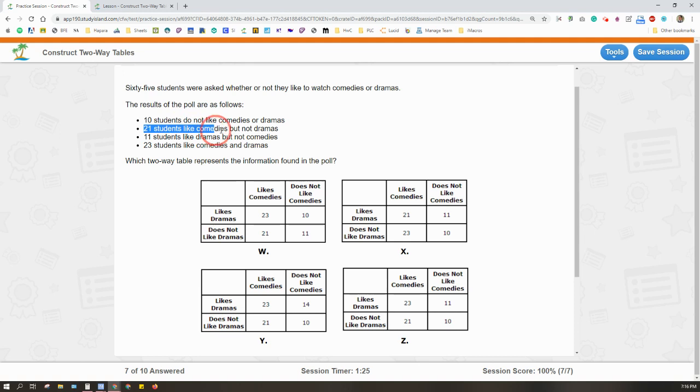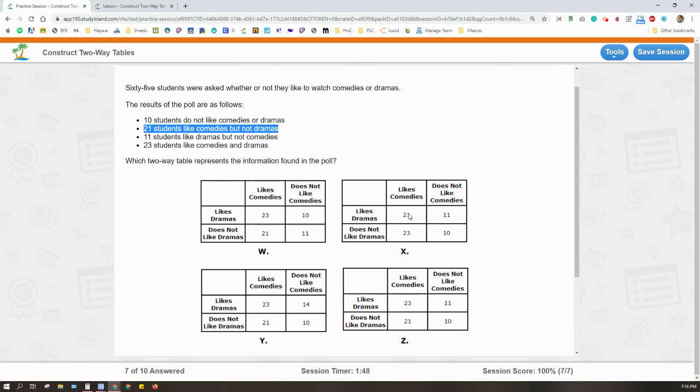21 students like comedies, but not dramas. So of the 3 options we have remaining, that's table X, table Y, table Z, which one of those has 21 students that like comedies, but not dramas? So we go to the likes comedies column, and we find the does not like dramas row, and we see if it has a 21 there.